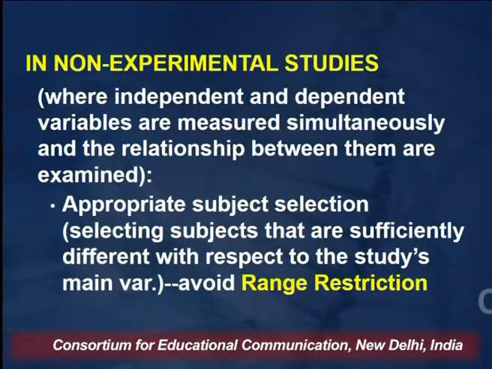In non-experimental studies, as I said, there are certain population studies and community studies where we do not involve an experimental aspect. In non-experimental studies, independent and dependent variables are measured simultaneously and the relationship between them is examined. Appropriate subject selection means selecting subjects that are sufficiently different with respect to the study's main variable, so you avoid range restriction.